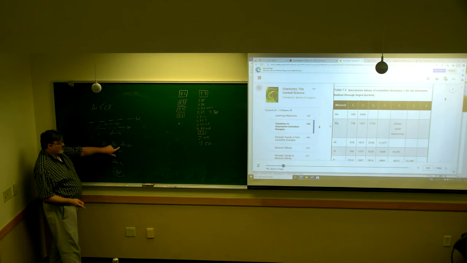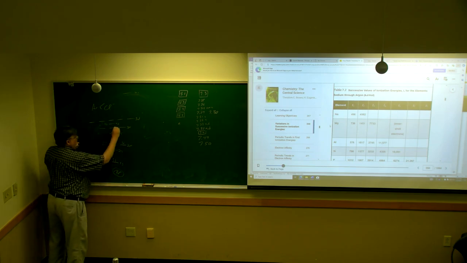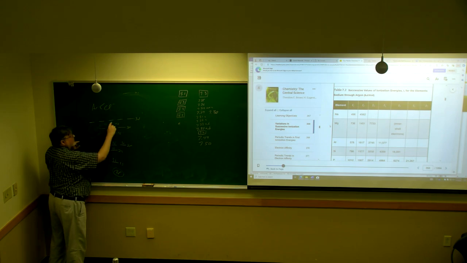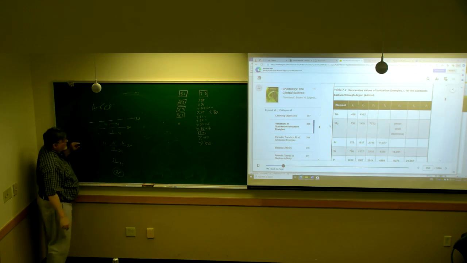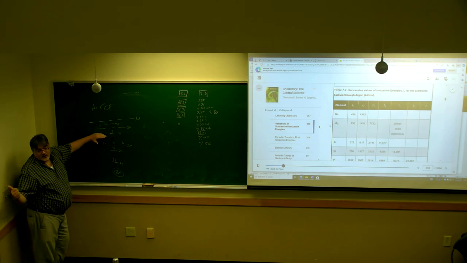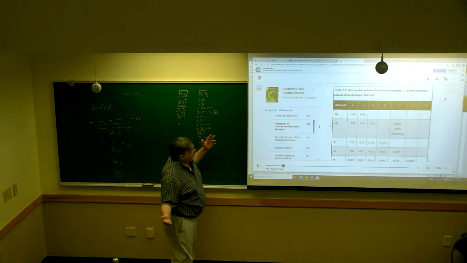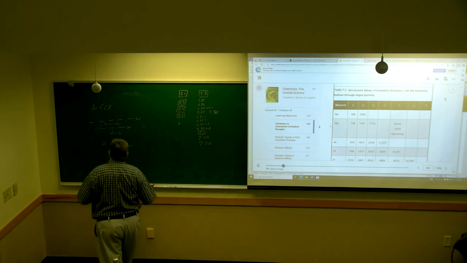This is n equals 2 level. Here we are at the n equals 3 level, and this and the 3p and the 3d all go together. There's only 1 electron in that, and then there's no more electrons. There's nothing in 4, there's nothing in 5, there's nothing going on up. So that's the valence electron, but you can get that easy from looking at the periodic table and counting to the left. So sodium has 1 valence electron, and that's telling you it takes 400 and about 500 kilojoules.